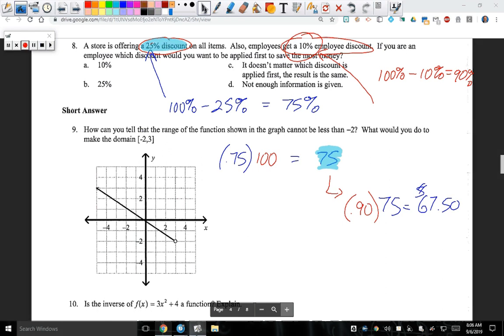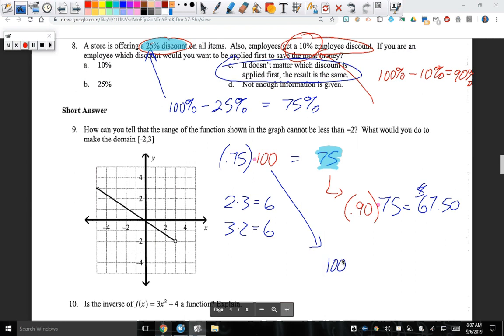Well, here's the thing. All I've done is multiplication, and with multiplication, order doesn't matter. 2 times 3 is the same as 3 times 2. So it doesn't matter which one I apply first, it's going to be the same result. And I'll show you. So the answer is C. Because had I applied the 10% discount first, I would have started at my original 100. I would have applied the 10% discount, which means I'm expected to still pay 90% of that.